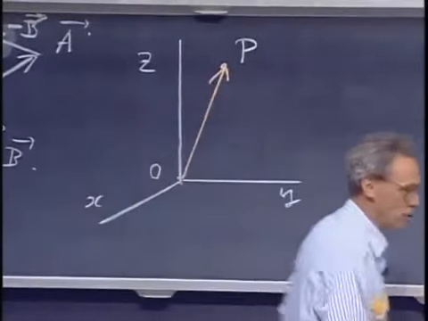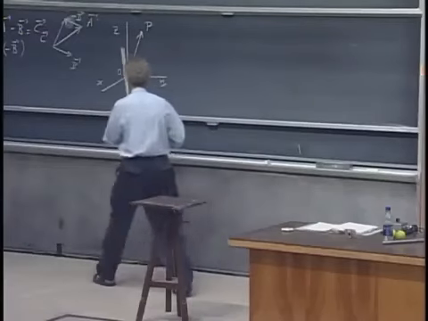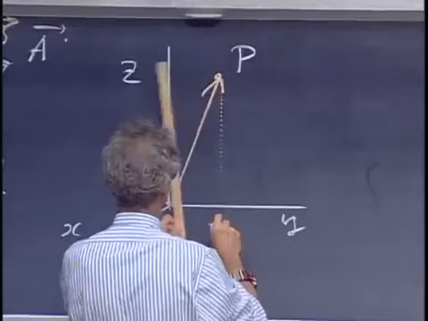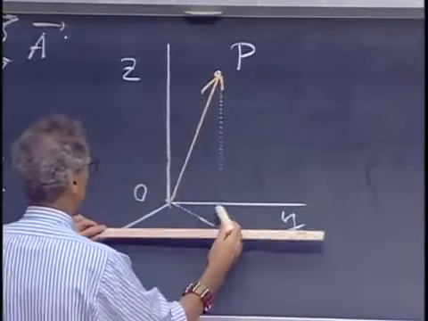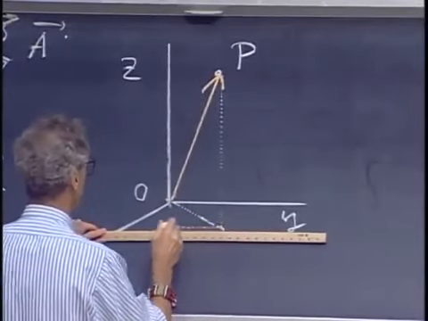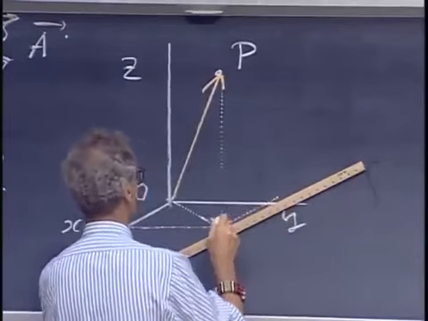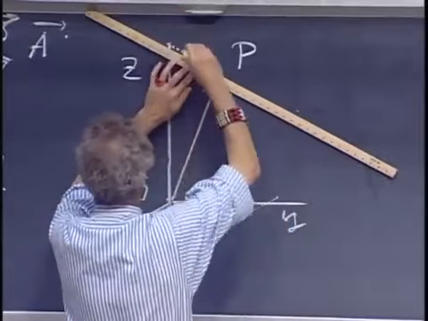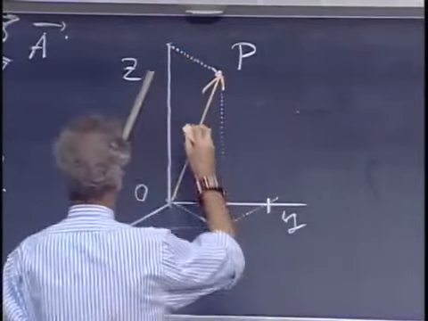What I do now is project this vector onto the three axes, x, y, and z. So there we go. There we are. I call this vector A.